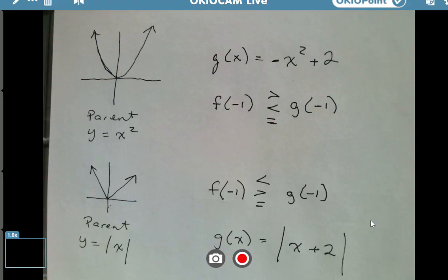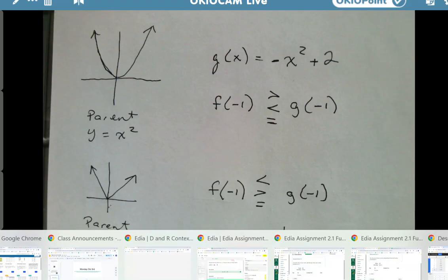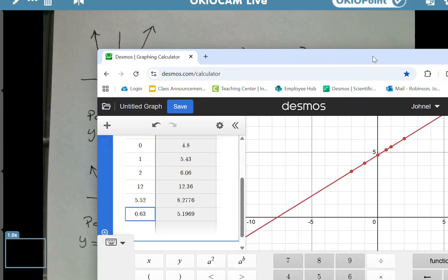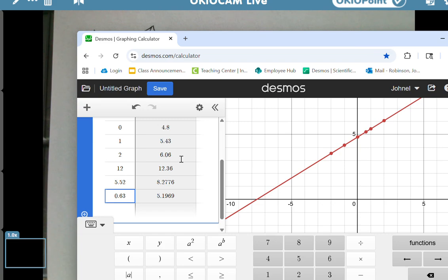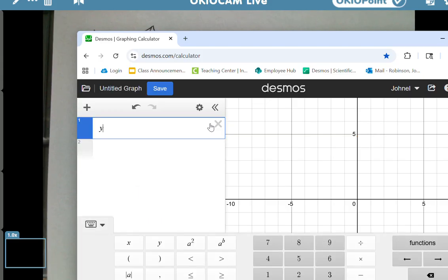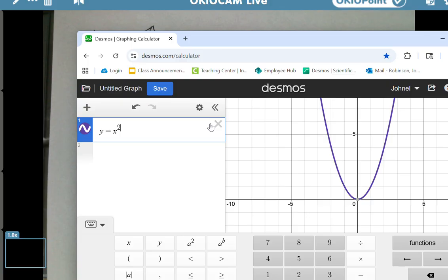Alright, so we're going to come over here to our graphing calculator again. And we're going to type in the parent function for the quadratic. Y equals x squared. And then we're going to type in the second function. I don't want to close it out.